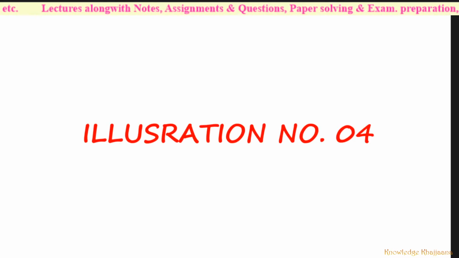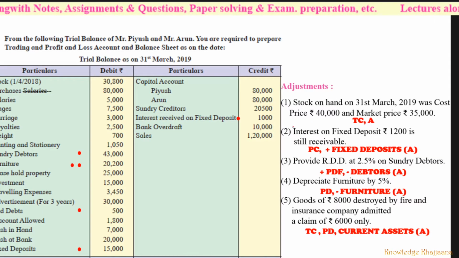Now let's move to illustration number 4. See, from the following trial balance of Mr. Piyush and Mr. Arun, you are required to prepare the trading and profit and loss account and balance sheet as on that day. I'll wait 2 minutes for you to make a column for noting down over here, right?